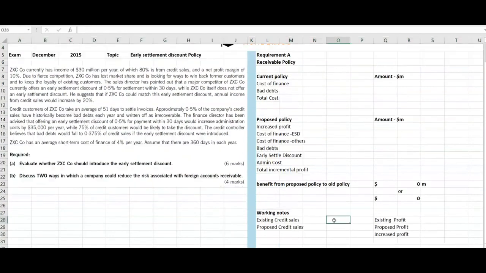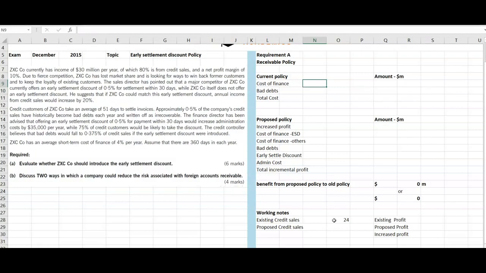So we'll start from the existing credit sales. The existing credit sales is 30 million into 80%. We need this number to find out our cost of finance. So how does the cost of finance work?